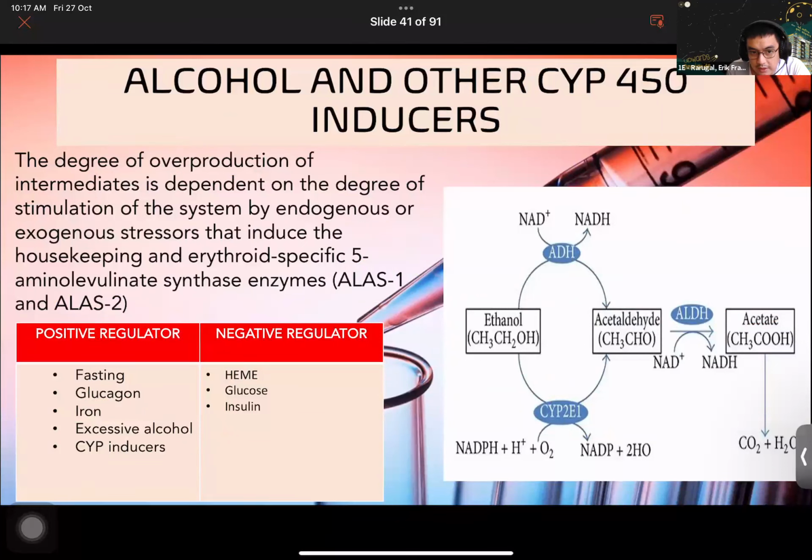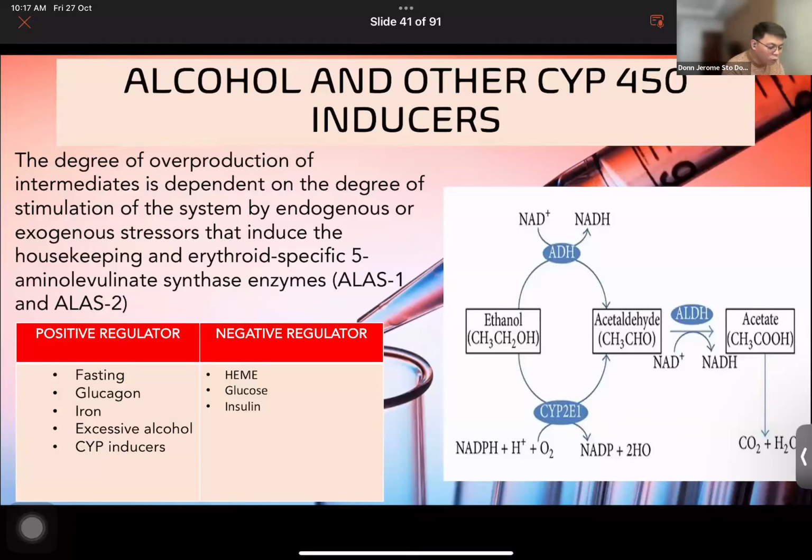So yung heme that is supposed to inhibit ALAS as a negative regulator, instead of being used to inhibit ALAS, is being used to make CYP2E1. Kaya nababawasan po ang level. Yes. Okay, thank you for clarifying, Doc.